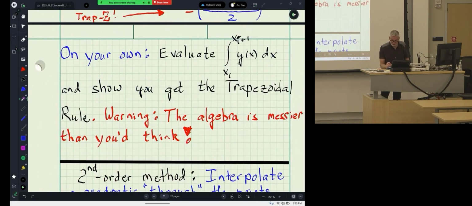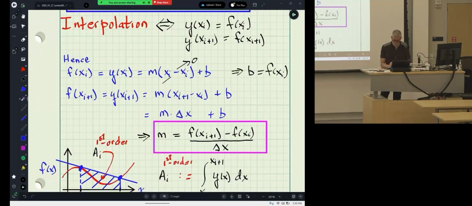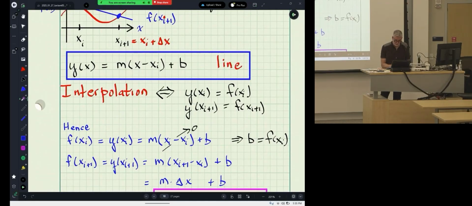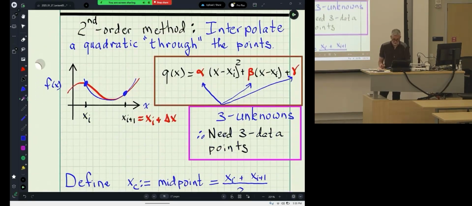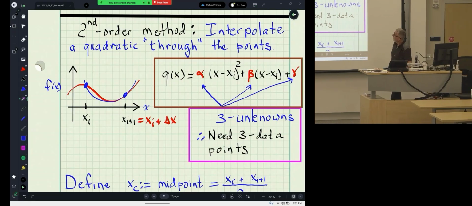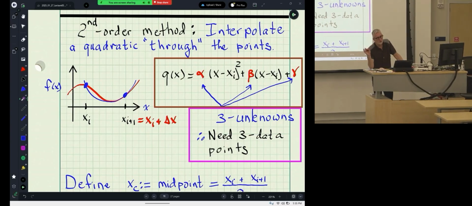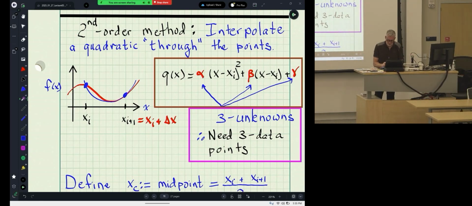So you've got to integrate a linear function. You've got first order in x, so then you've got two constants here. Okay? So second order method, this would give Simpson's rule, okay? But if you understand what we're doing here, you can change it to third, fourth, fifth, sixth, seventh, eighth, whatever you need to get the precision you want, okay? You understand how those things are done.